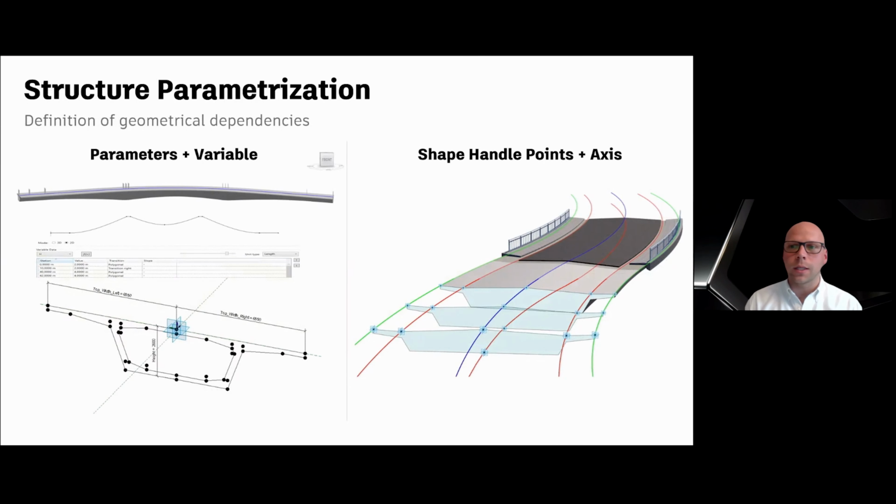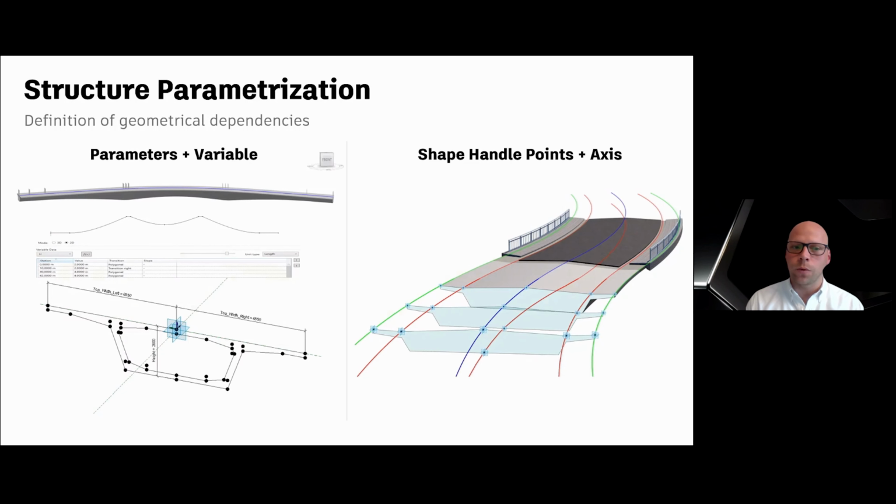Today I will dive a little deeper into specific topics of the Sofistic Bridge and Infrastructure Modeler. The first one is structure parameterization. Everyone knows that infrastructure projects are axis-based, but they also have various geometries. One of the features you can assign to the structures is geometry that develops along an axis.